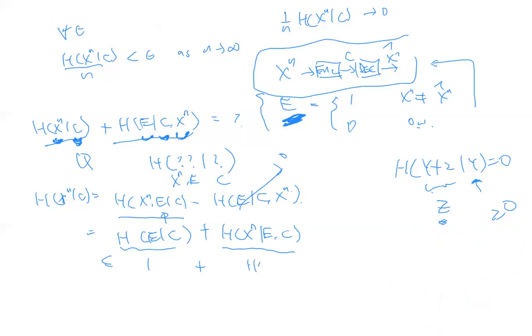By the definition of conditional entropy, this is essentially a weighted sum of H(X^n given E equal to 0, C) and H(X^n given E equal to 1, C), weighted by the probability of E equal to 0 and the probability of E equal to 1.